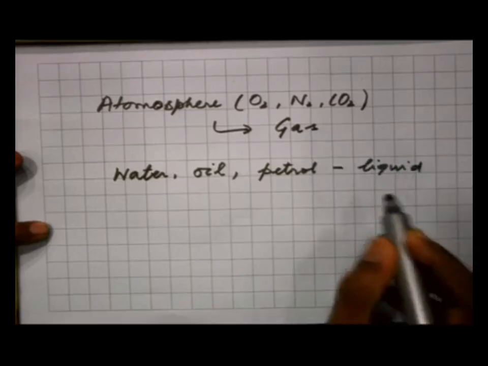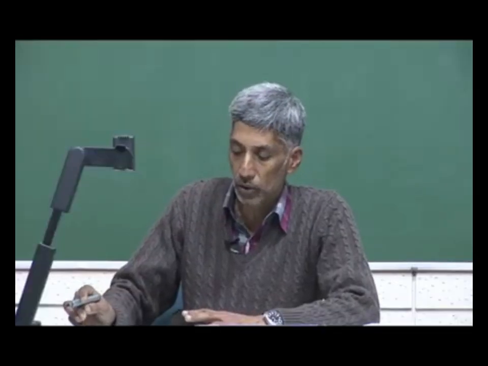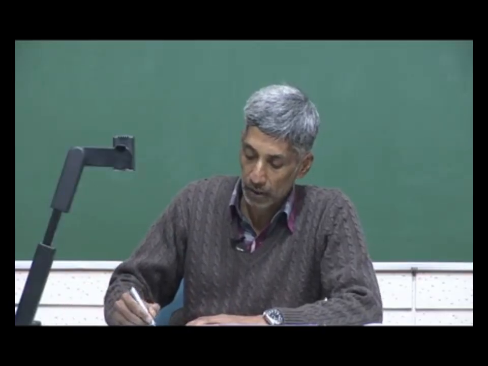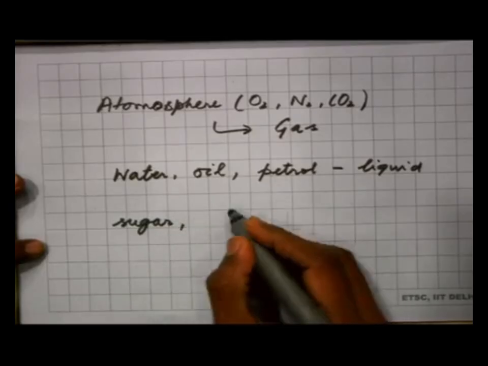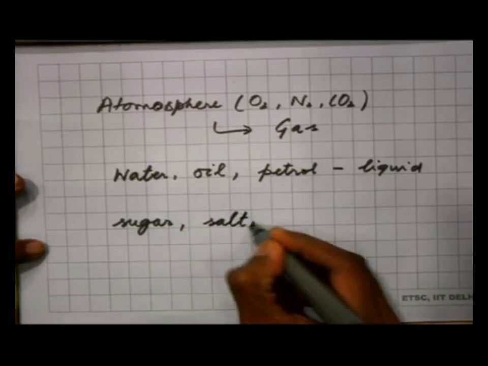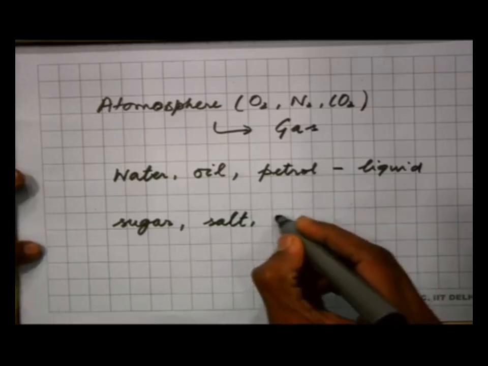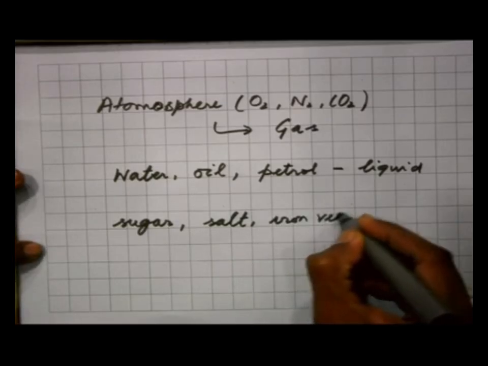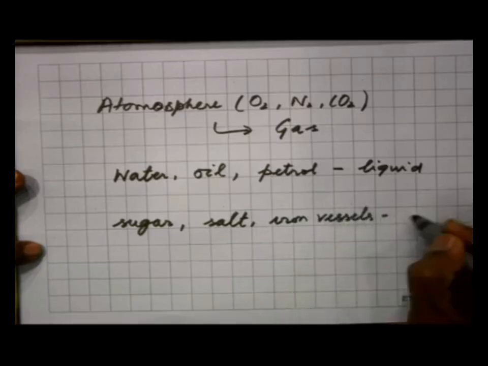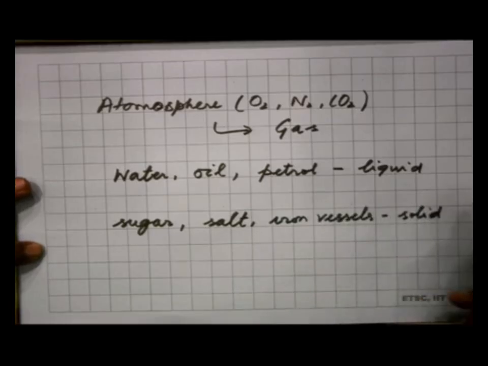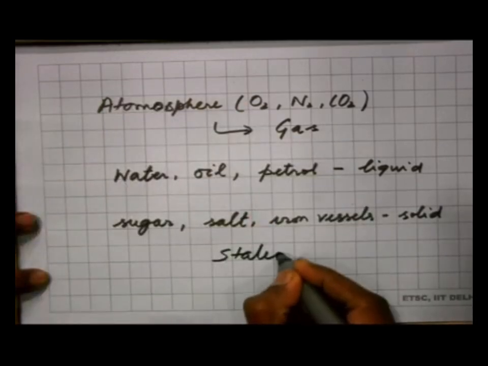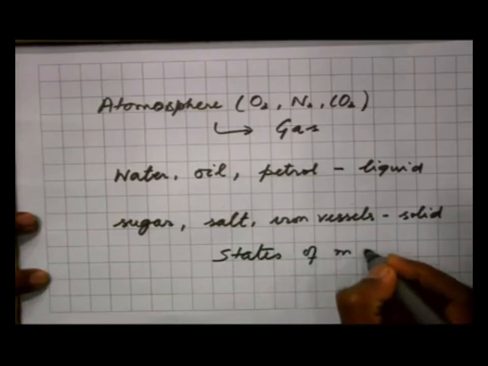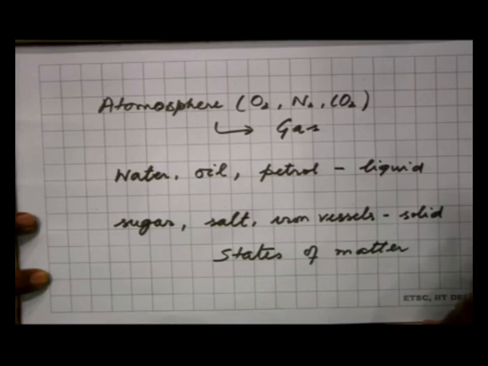But a predominant number of substances that we encounter in our daily lives, for example sugar, which is a cause of a lot of our problems in our health, salt, and kitchen vessels, for example iron vessels, are solids. So, these are what we call states of matter. These are typically the three states of matter that we divide whatever we see around us into.